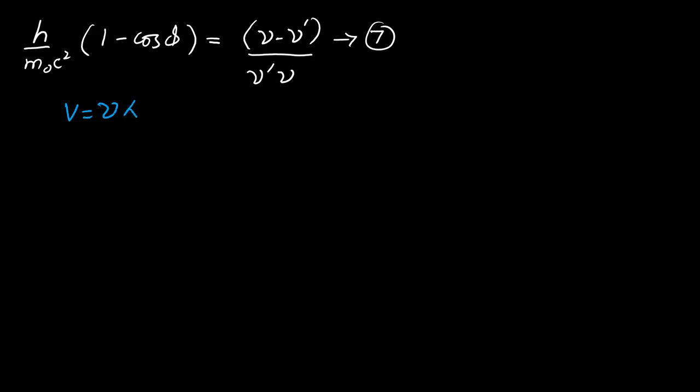So velocity here is the velocity for a photon, and its speed is equal to the speed of light. So c will be equal to nu into lambda, which means that lambda is equal to c divided by nu.